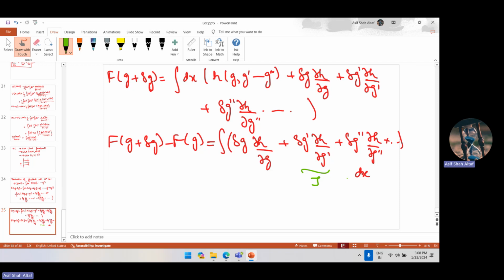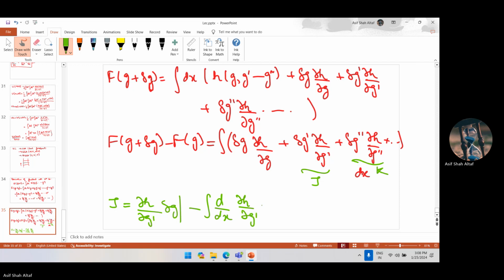Let's consider this as j. Let's call this as k. So for j, what we will have, as we did also earlier, integration by parts will give you delta g dx, and this thing will just go to 0. Fine. So this is the j.